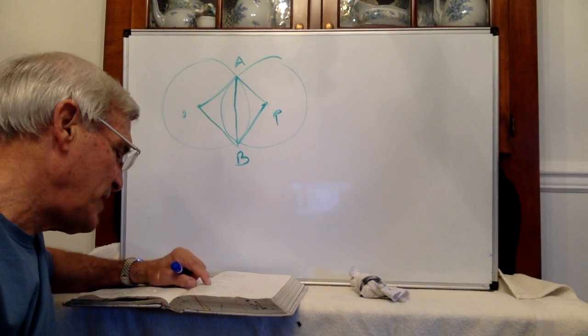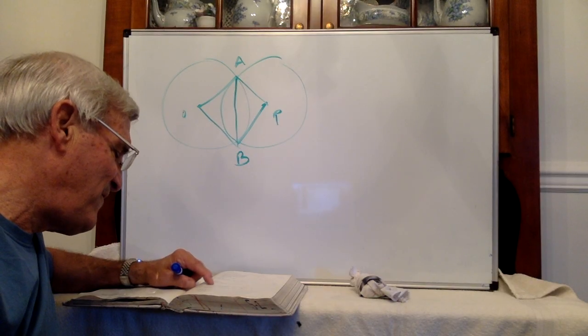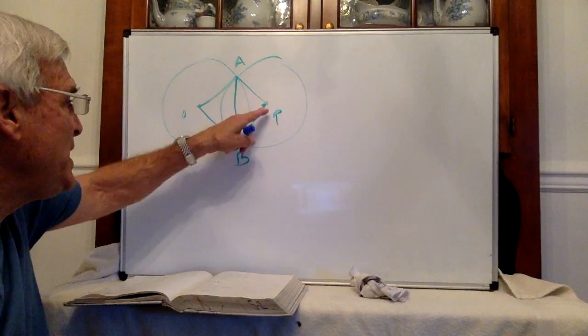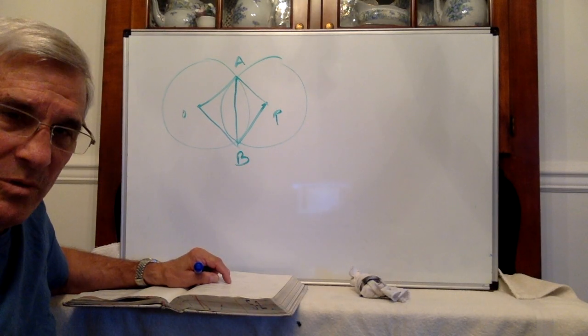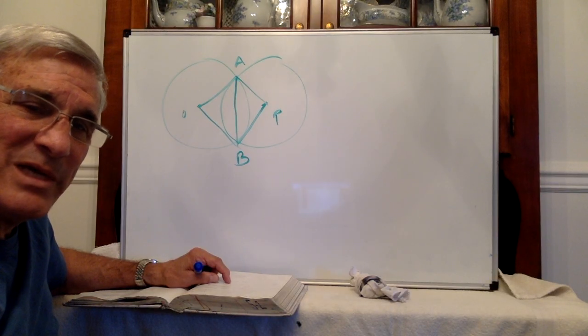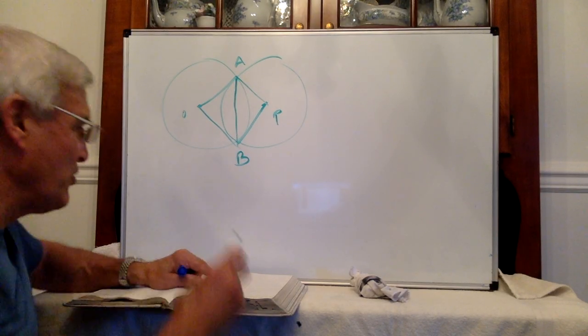And they asked you then to prove that the figure AOBP is equilateral. And hopefully you remember the definition of equilateral, all sides congruent, in this case all four.